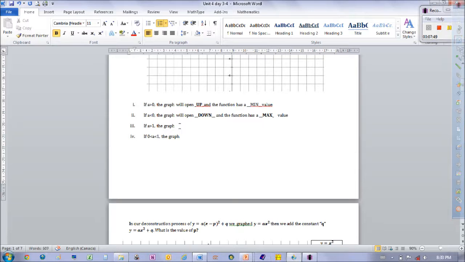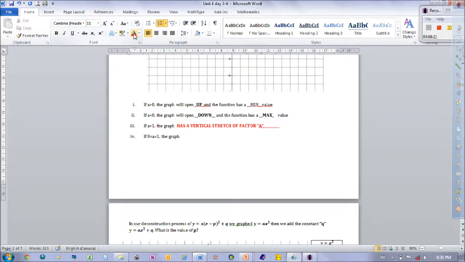Now, if the a is greater than 1, we saw that the parabola got narrower and narrower. So we say that the graph has a vertical stretch of factor a.